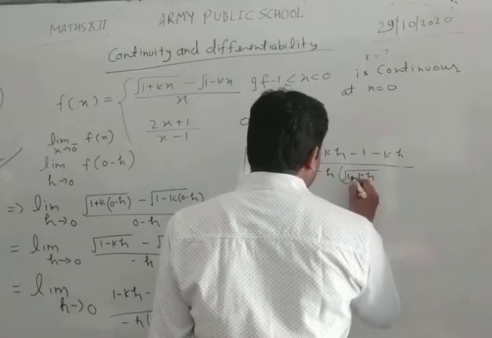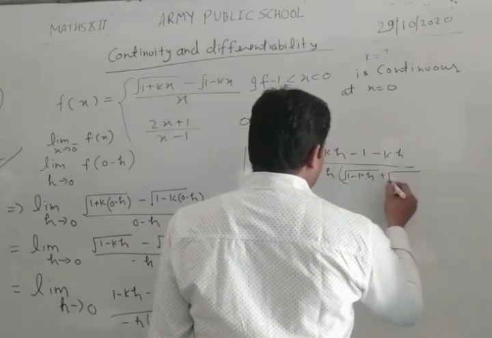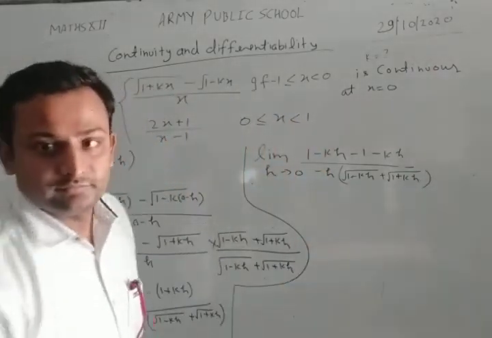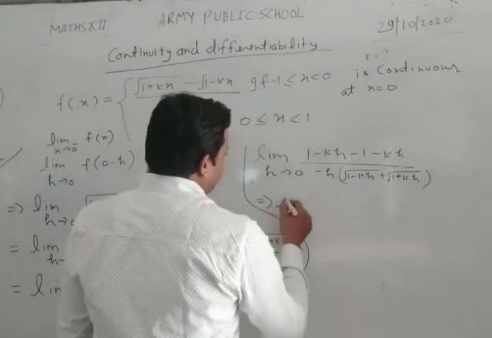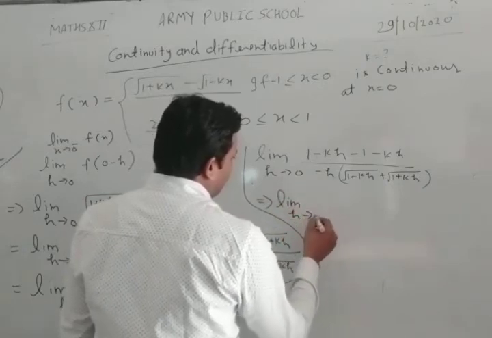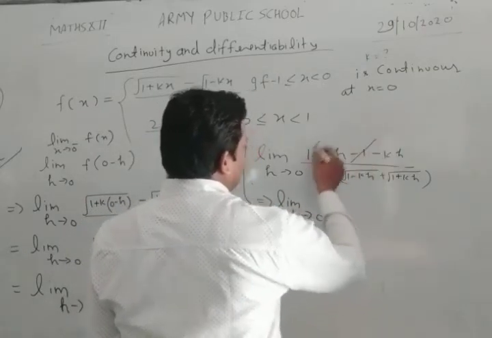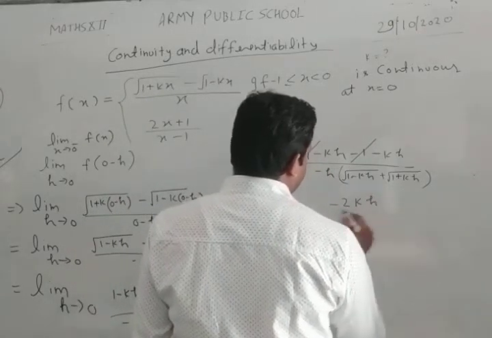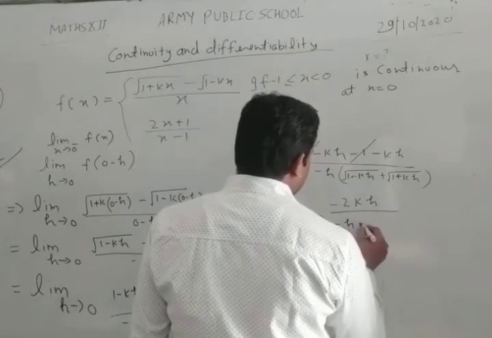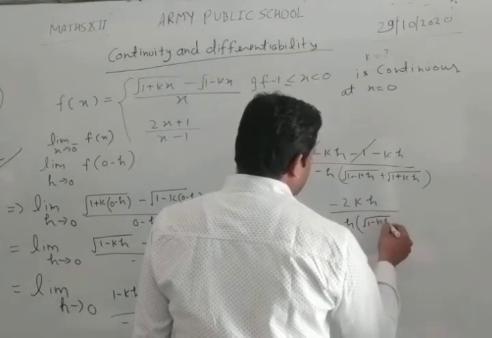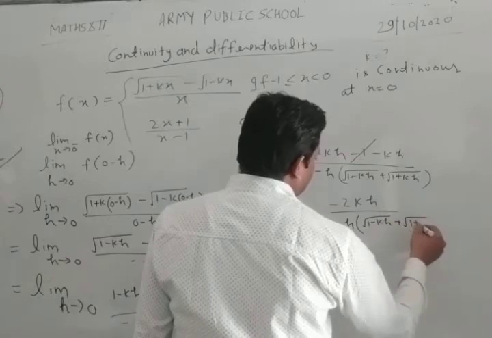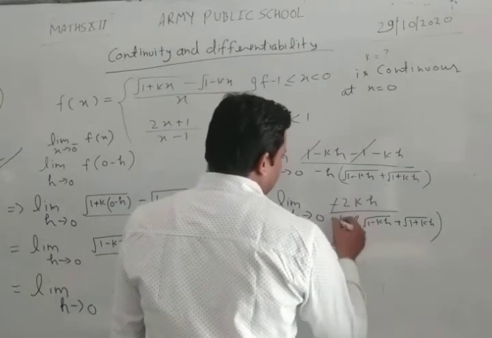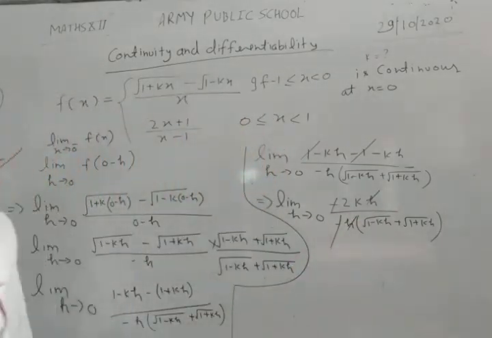Now this minus 1 and plus 1 will cancel, and we write minus 2kh divided by minus h times the bracket under root 1 minus kh plus under root 1 plus kh. Now minus h and h will cancel.